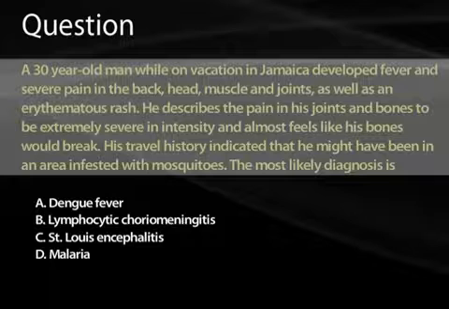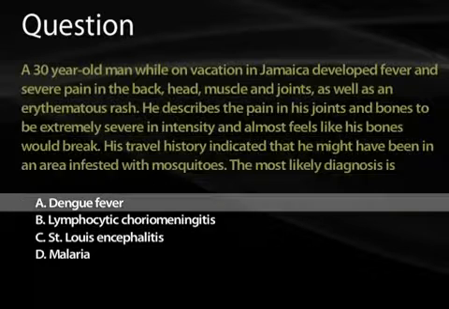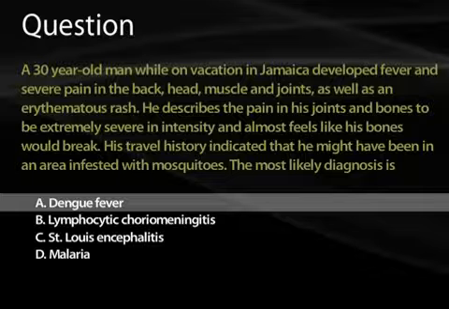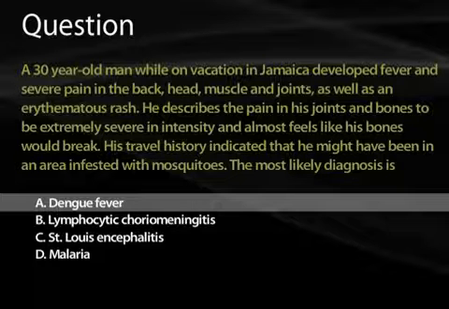His most likely diagnosis is... Well, if the question stem is going to tell you that he has break bone fever, you ought to think about dengue fever, which is going to be choice A. Some other things like lymphocytic choriomeningitis are not going to show up with the joint pain and the bone pain. St. Louis encephalitis is often much less severe than this. Malaria is going to show up with a completely different presentation. So dengue fever is what you're going to have.